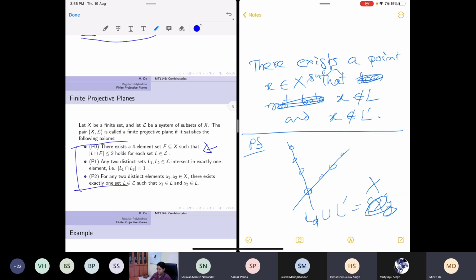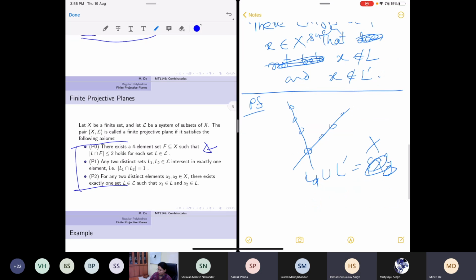I think we can take two different points from L and L dash, and say that there exists a line which contains both of these points.